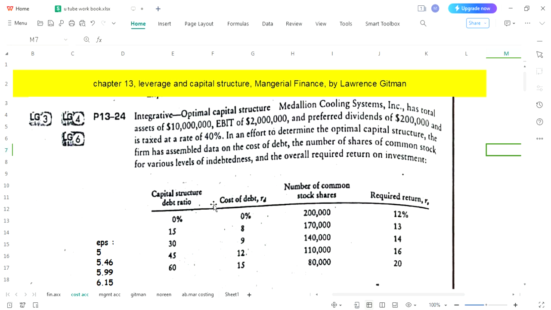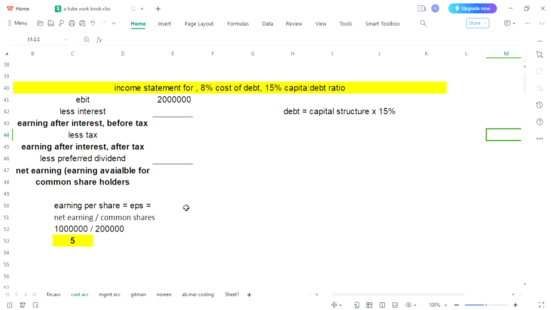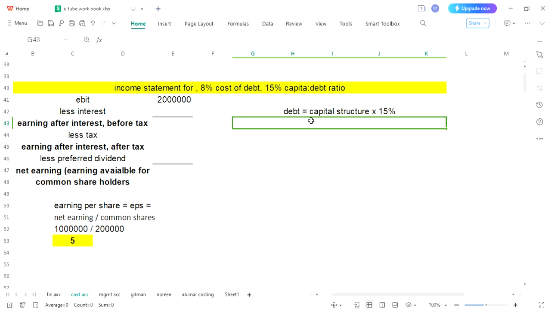So capital structure and debt ratio means 15% of total capital structure would be your debt, and that's what we have done over here. Total capital structure was explained 10 million, and then you will multiply it with 15 and then divide by 100.